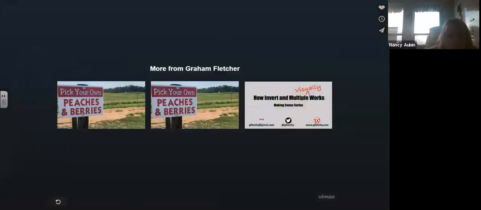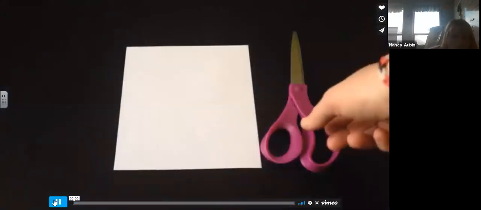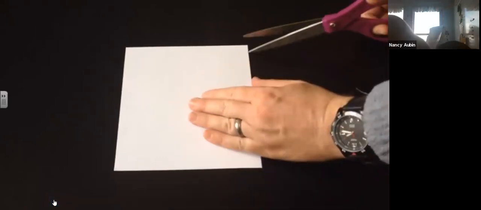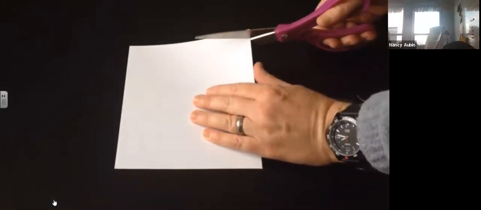Okay, I'm going to play it again. Get your math brains thinking. What do you notice? What do you wonder? Start writing since you've seen it once.